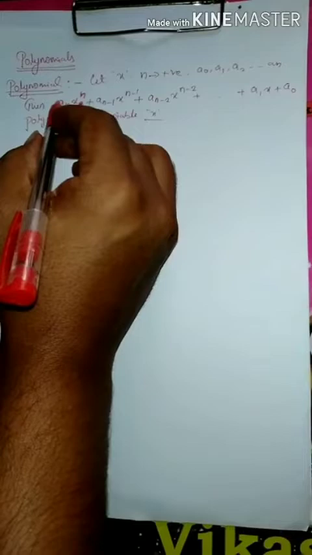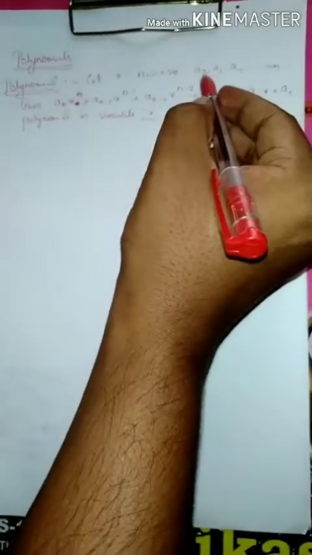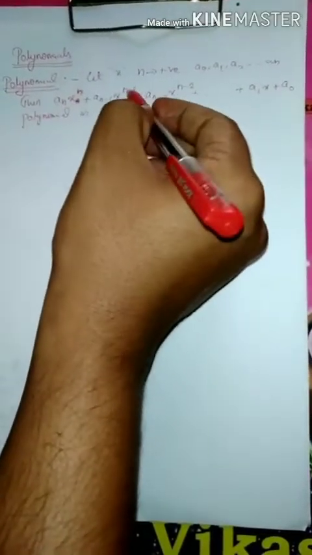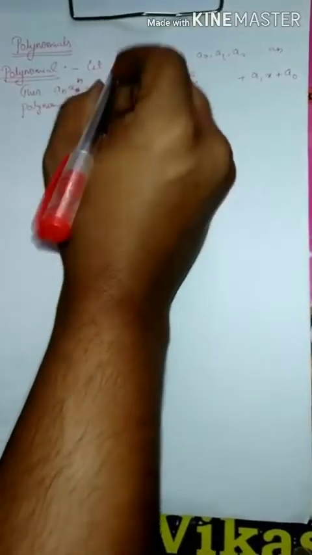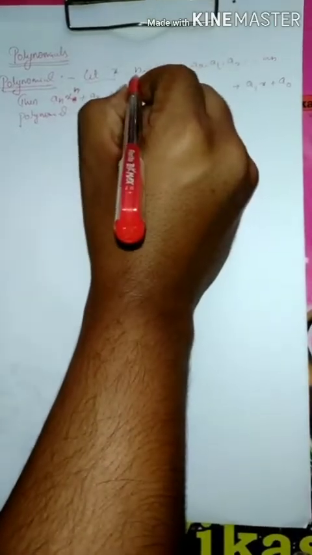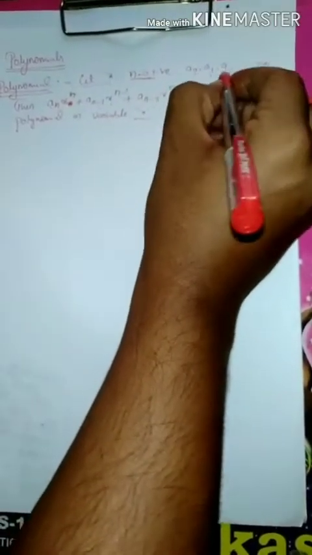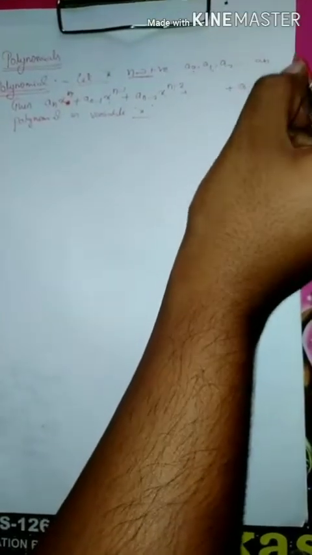So here generally we know that a0, a1, a2 are called constants, and x to the power n, x to the power n minus 1, x to the power n minus 2 are the variables. The definition is: let x be a variable and n be a positive integer, and a0, a1, a2, and so on, an are the constants.